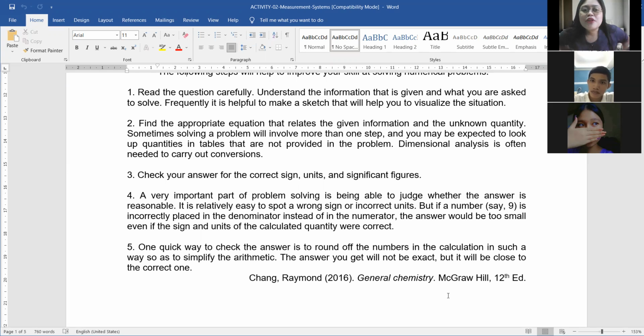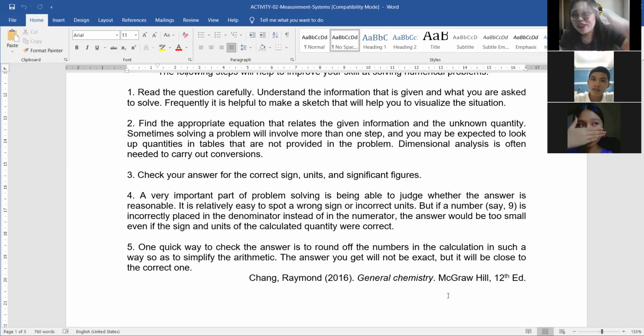Sometimes solving a problem will involve more than one step, and you may be expected to look up quantities in tables that are not provided in the problem. This is true for problems where there are missing things that you need to look up. For example, what is asked is the measurement in meter but the given is in centimeter.